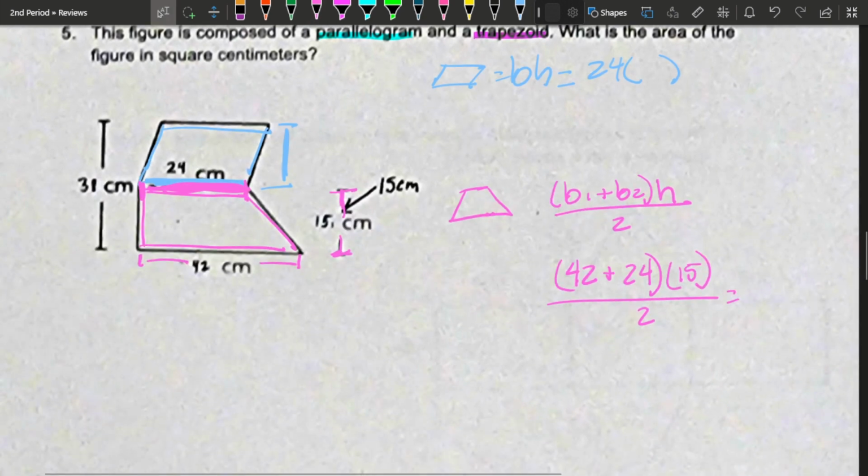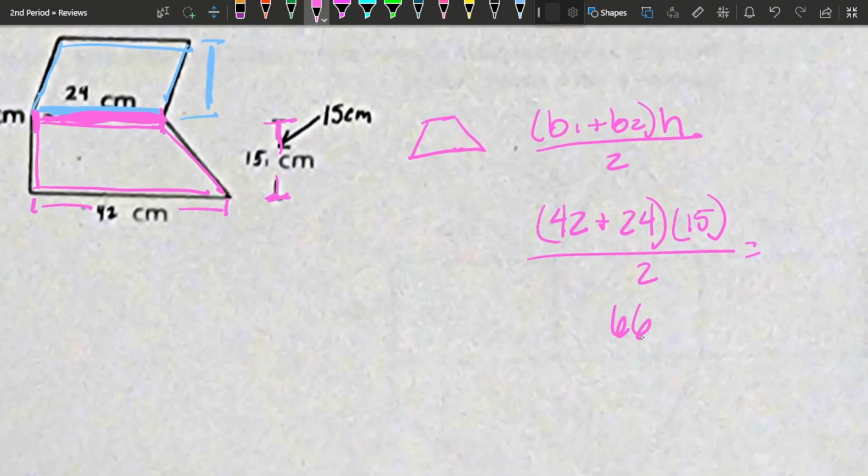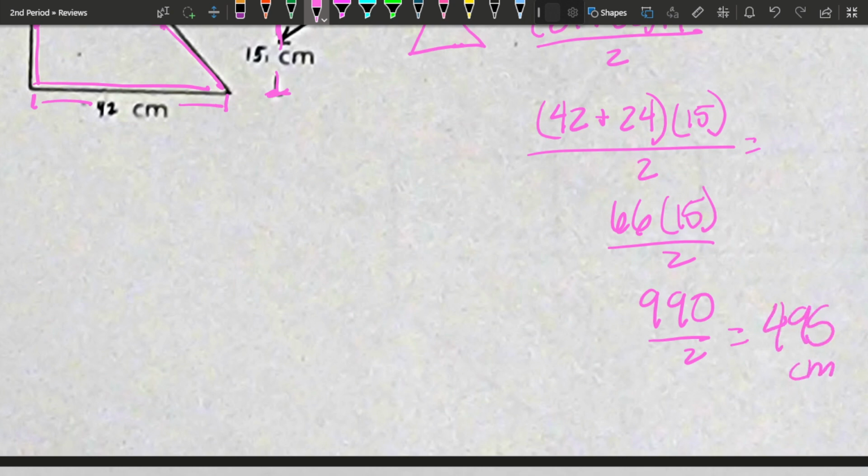So let's do this. 42 plus 24 is what? 66 times 15. You first add, because that's a group. 66 times 15 is 990. And when you take half of that, you get 495 centimeters squared.